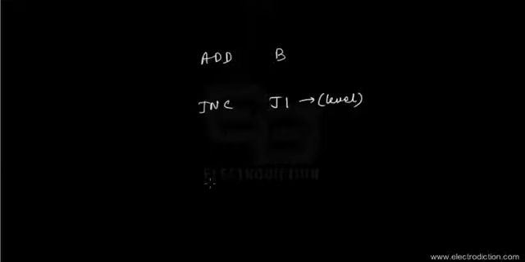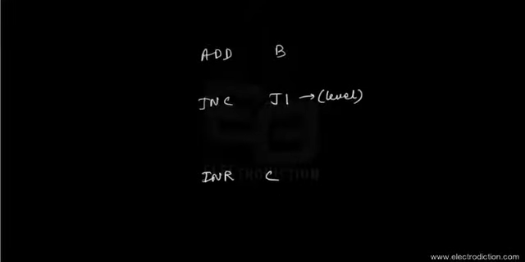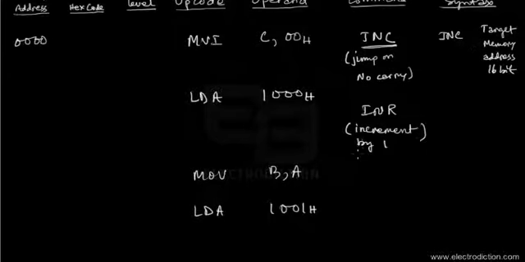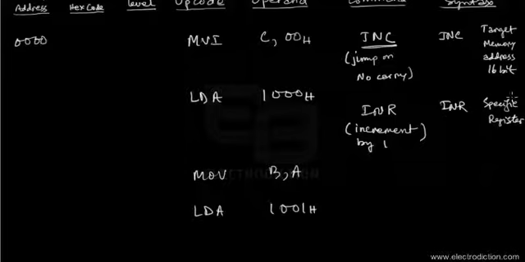It should increment the contents of register C. So we're going to write here INR C. Here INR stands for increment, or more precisely increment by 1. The syntax goes this way: you write INR and give the name of the specific register. This is used to increment the contents of a specific register by 1.